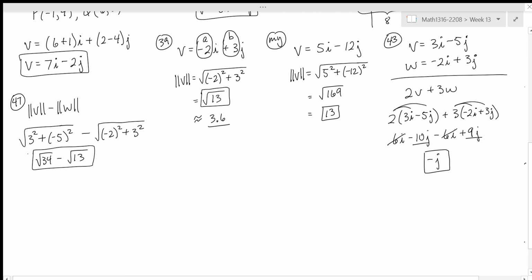And those are not going to simplify, but I really would like the decimal approximation for that also. Let's say to the nearest tenth. So we can say that that's approximately 2.2 meters, inches, miles, whatever the units are.